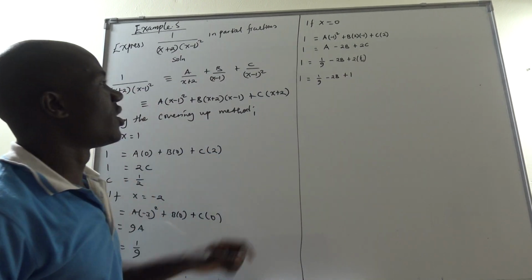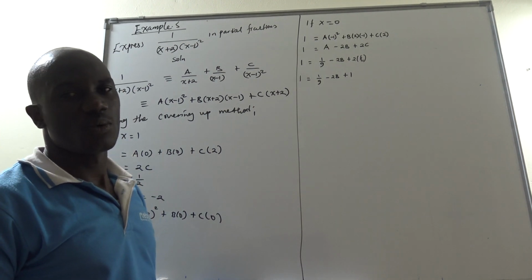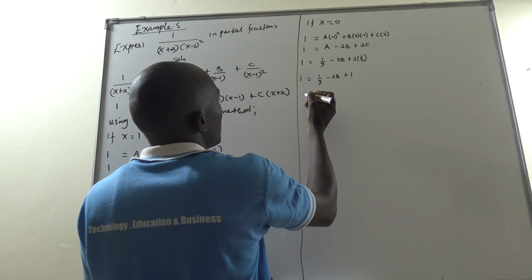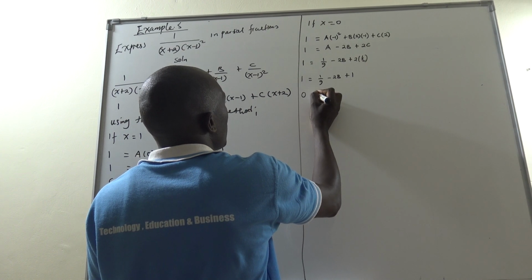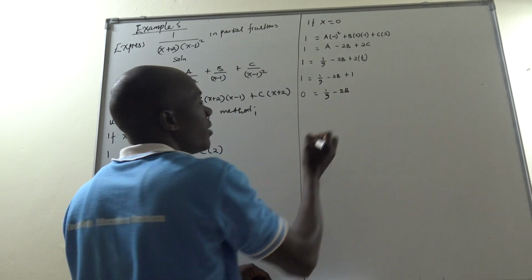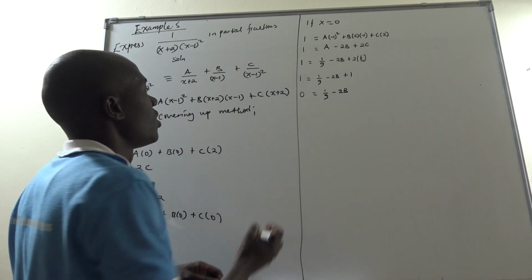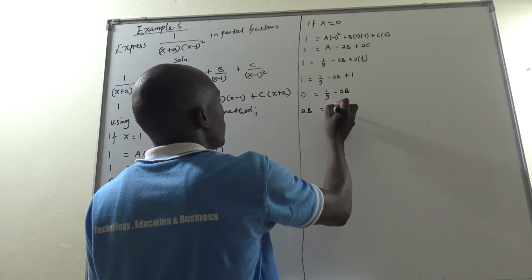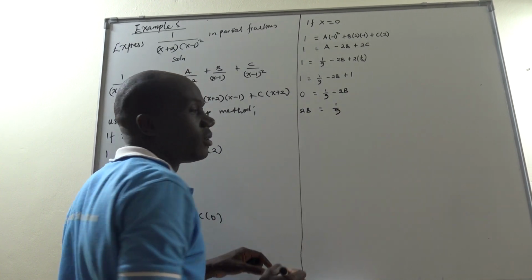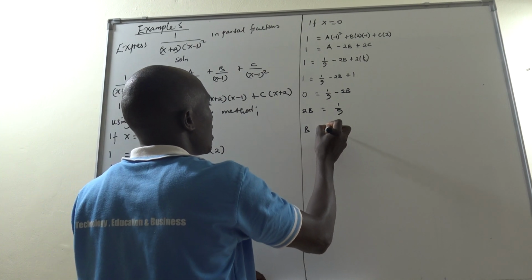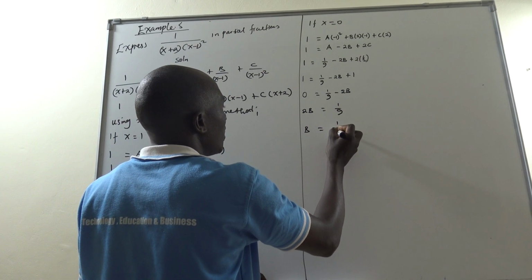So rearranging, when you collect like terms, 1 automatically disappears. So we are remaining with 0 equals 1 over 9 minus 2B. So making it the subject, we are getting 2B equals 1 over 9. So can we divide both sides by 2?